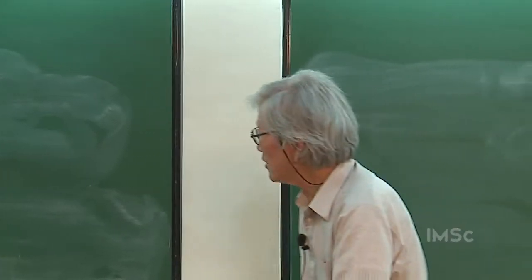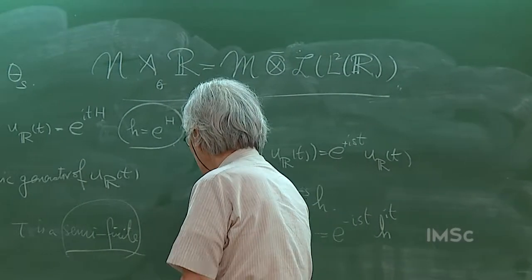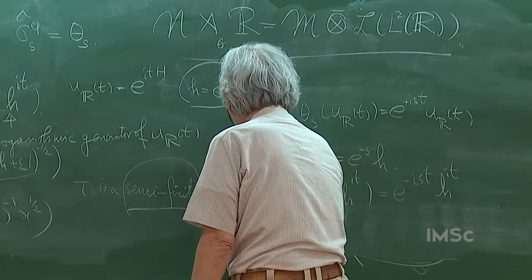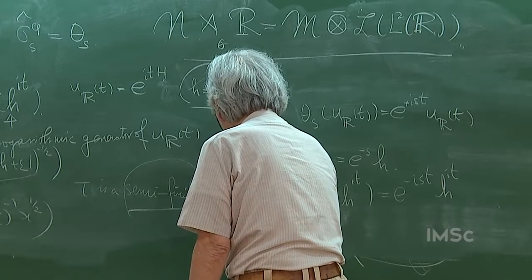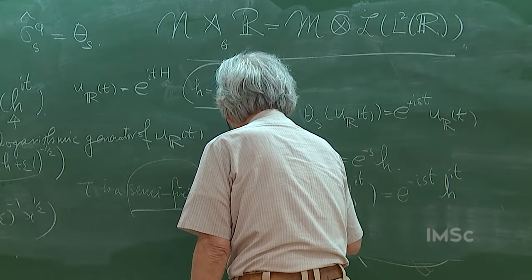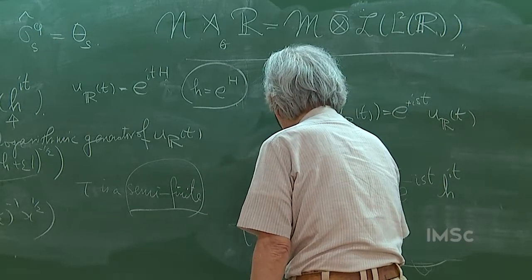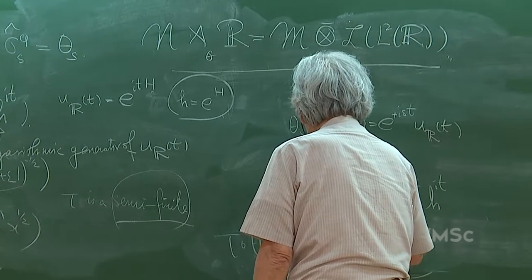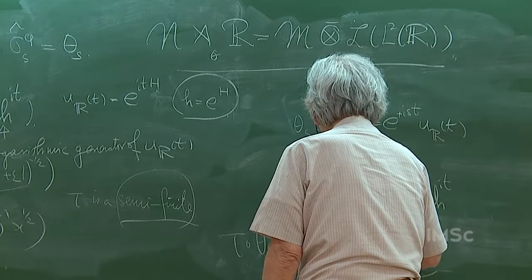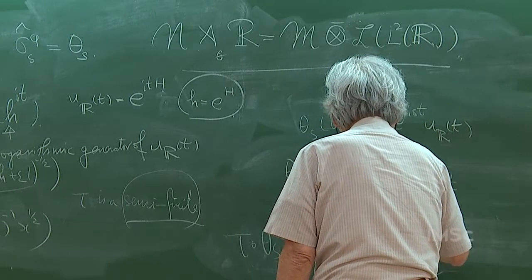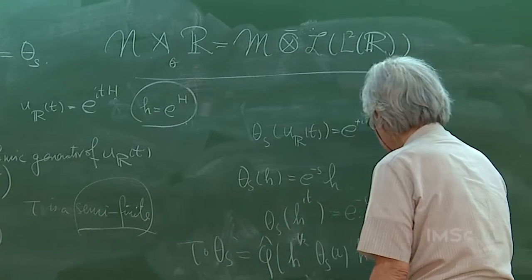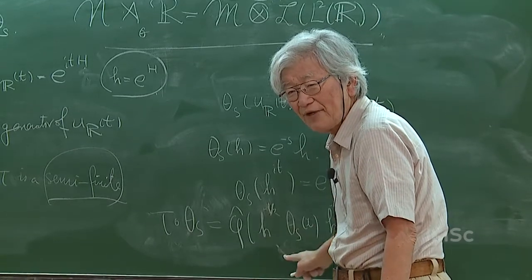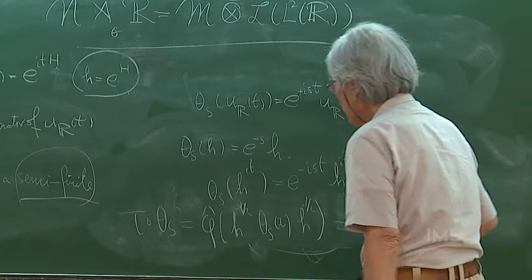Okay, and then see what happened. This is applied to tau. Tau was phi hat of h to the minus 1/2 x h to the minus 1/2. Tau circle theta S is phi hat of theta S of h to the minus 1/2 x h to the minus 1/2, and phi is theta invariant, so you can bring theta S outside.